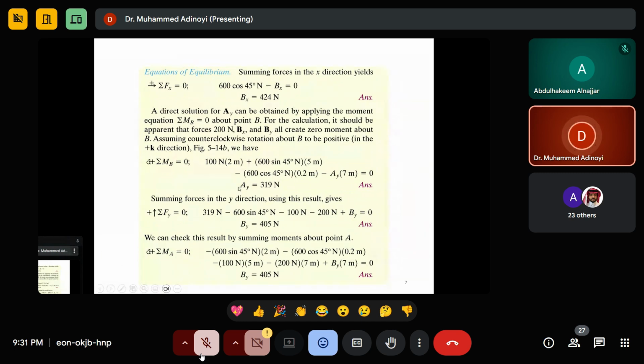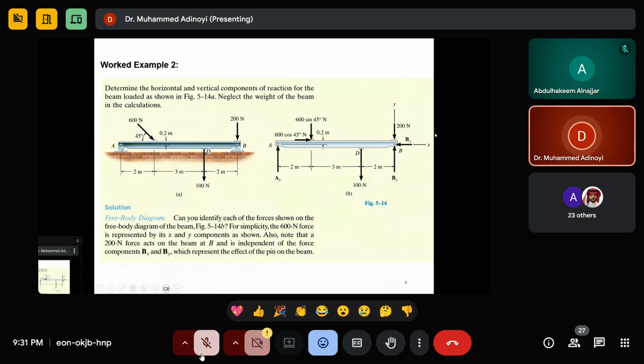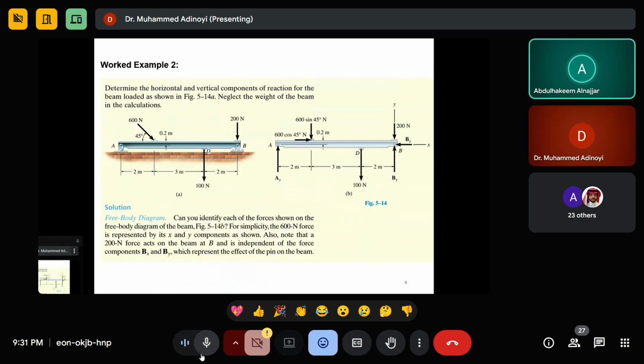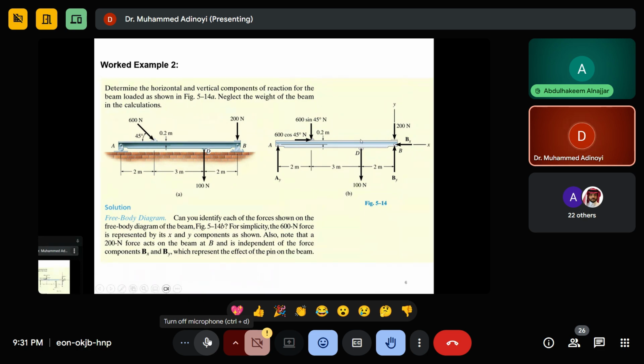So 100 Newton multiplied by 2 is going to be what? Is it going to be clockwise or anti-clockwise? Anti-clockwise. Please, if you want to ask questions, just raise your hand. So the 100 Newton, if you are taking moment about it, is it anti-clockwise or clockwise? Anti-clockwise, so plus, because that's our convention.